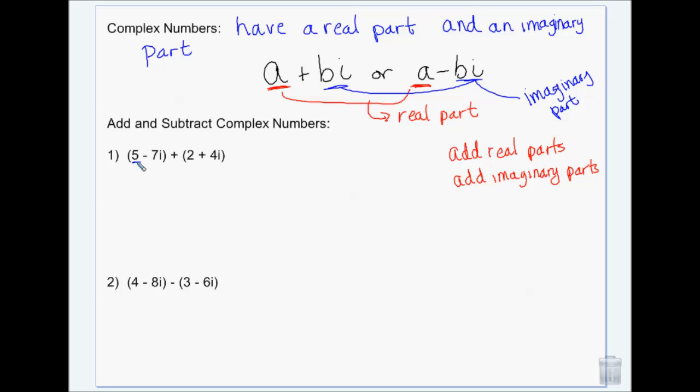Well, the real parts are 5 and 2. And 5 plus 2 is 7. And then I have the imaginary parts. And the imaginary parts are negative 7i and positive 4i. Negative 7 plus 4 is negative 3. So 7 minus 3i.